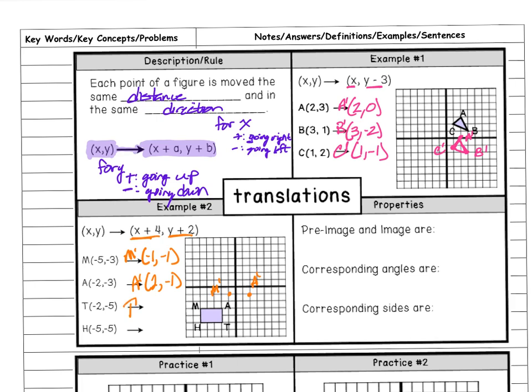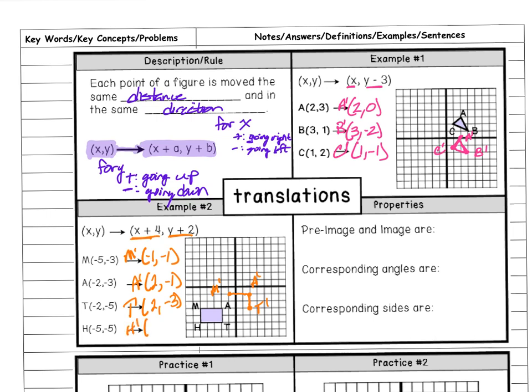And then T prime is going to be, let's see, -2 plus 4 is 2, and -5 plus 2 is -3. So (2, -3) there. That's T prime. And you can connect them as you go along. Sometimes you want to do that so you don't forget what order they go in.